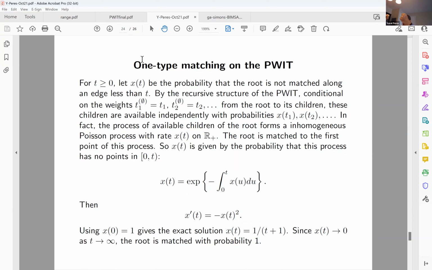Remember, x of t is the probability that the root is not matched along an edge less than t, but the same thing applies to the vertex 1. So if we look at the vertex 1 within its subtree, what's the chance that it's not matched within it?